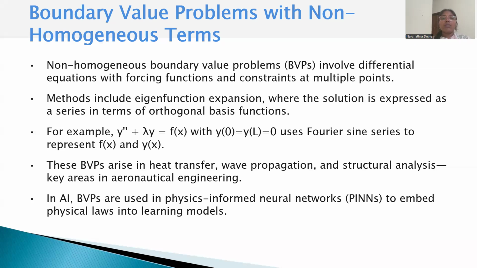For example, y double prime plus lambda y equals f of x with y of 0 equals y of L equals 0 uses Fourier sine series to represent f of x and y of x. These BVPs arise in heat transfer, wave propagation, and structural analysis, key areas in aeronautical engineering.